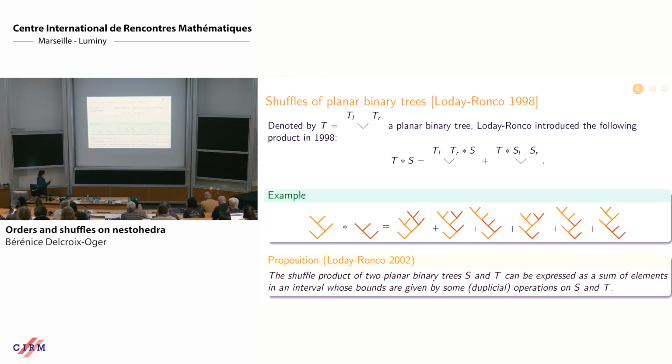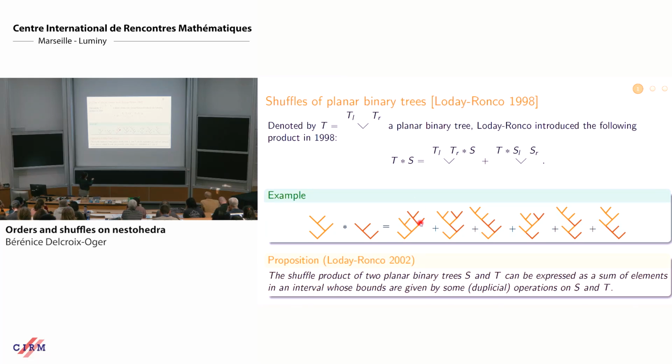And Loday and Ronco proved in 2002 that the shuffle product of S and T can be expressed as a sum of elements in an interval whose bounds are given by, once again, duplicable operations. What are the duplicable operations? They are here. I always mix the max and the min, but one bound of this interval is this tree.